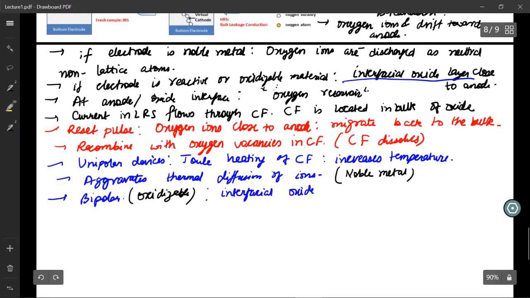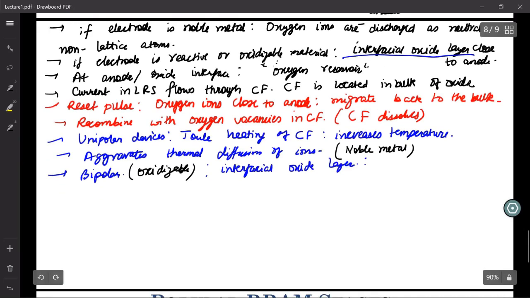The oxygen ions at the anode have to move through this interfacial oxide layer in order to reach the conduction filament. So in the case of these bipolar devices with oxidizable metal electrodes, this interfacial oxide layer provides a barrier to the thermal diffusion process.